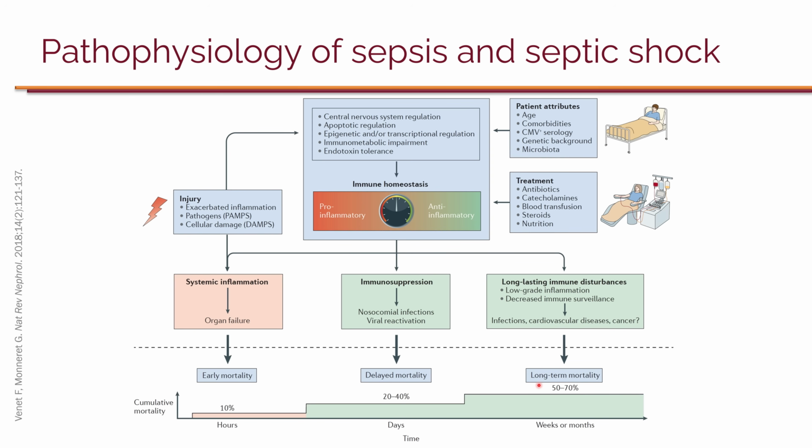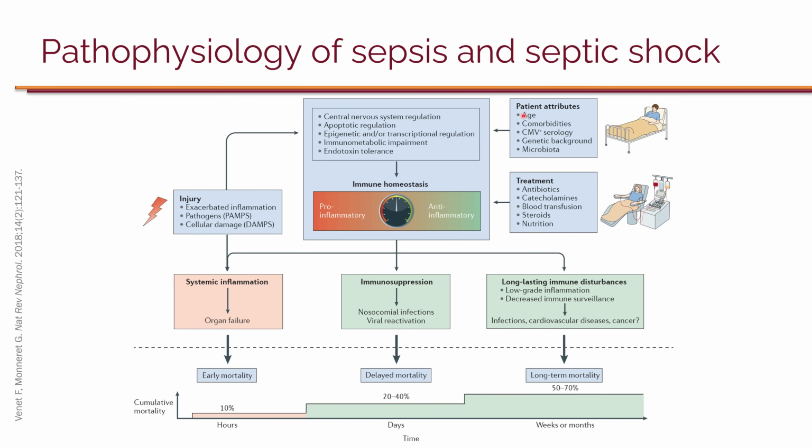There could be a long-term mortality, which can make overall mortality up to 50 to 70%. So this is a very serious condition. And again, every individual responds differently because there are many factors that determine how a single individual responds to infections.